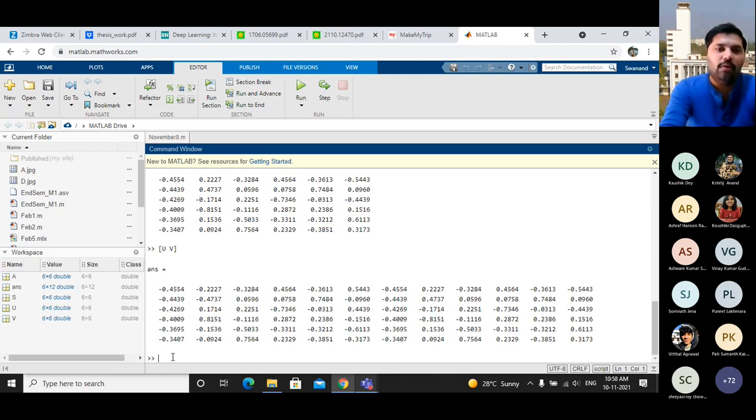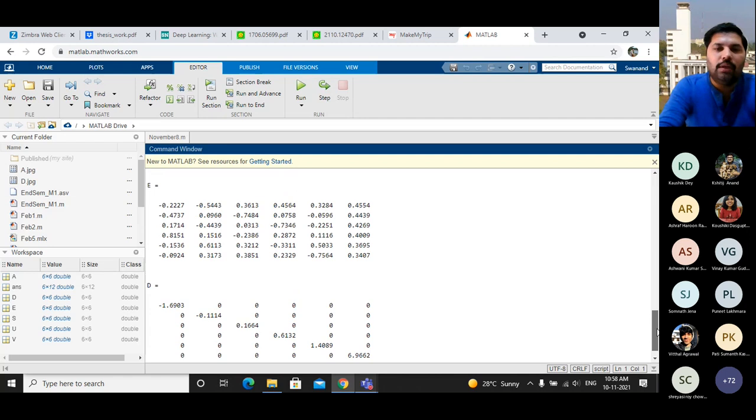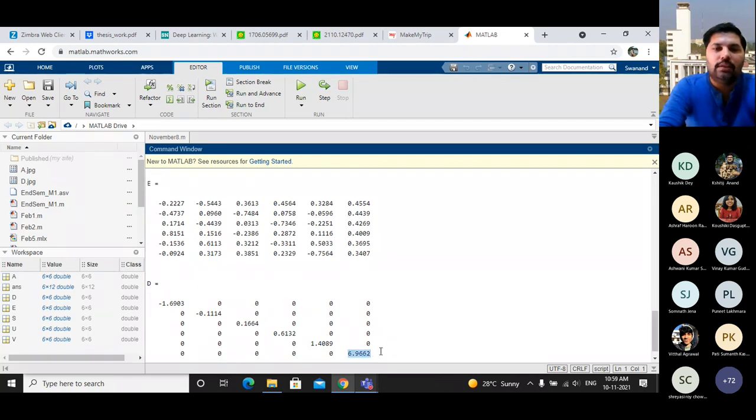And now, I think the command to find the eigenvalues and eigenvectors is eig of A. It will give me the eigenvalue, eigenvector decomposition of A. Look at the eigenvalue, eigenvector decomposition. What is the most dominant eigenvalue here? 6.9662.